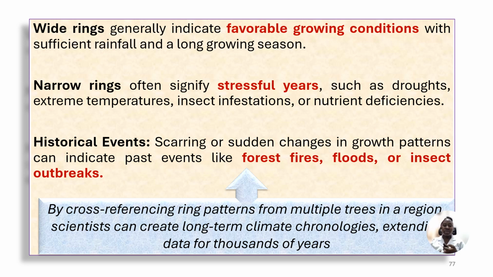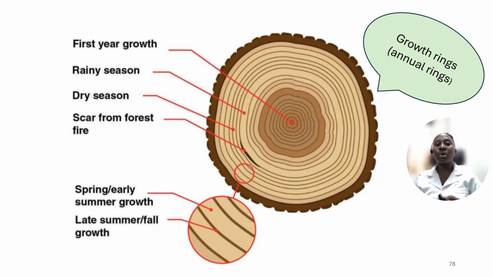So, by cross-referencing ring patterns from multiple trees in a region, scientists can create long-term climate chronologies extending data for 1,000 years. We're not going to dig into dendrochronology, that is not necessary here, but this was just for you guys to appreciate the role of these vascular bundles when it comes to plant identification.